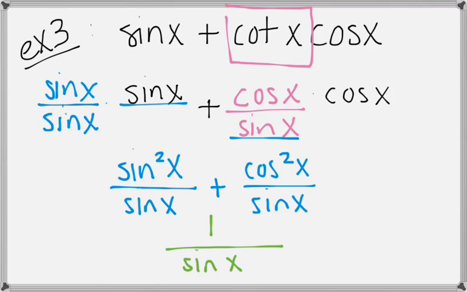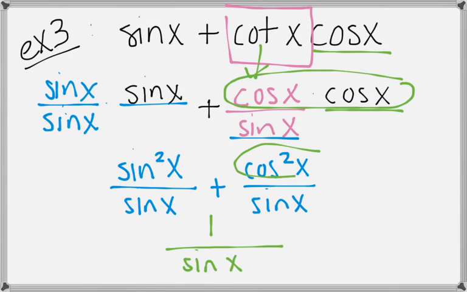Cosine times cosine is cosine squared. And that came from way up here where I still had cosine, I changed cotangent to cosine over sine, and I multiplied these together to get cosine squared. Oh, so you don't have to multiply times sine of x because it's multiplication. Like, you're not going to count the denominator. I already had a sine of x here for the denominator, so I just needed one here, and that's why I multiplied just that side.